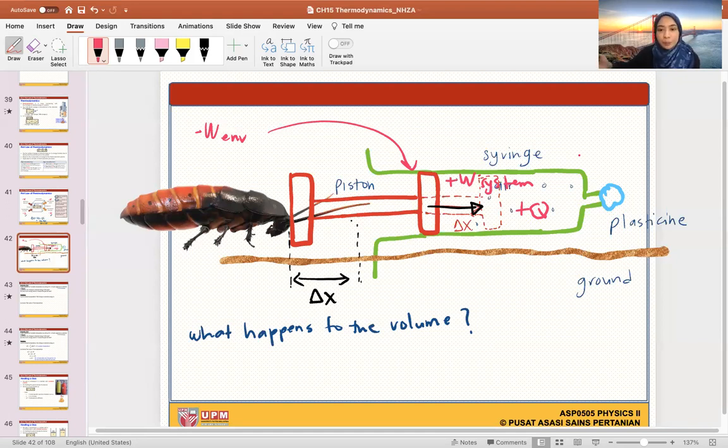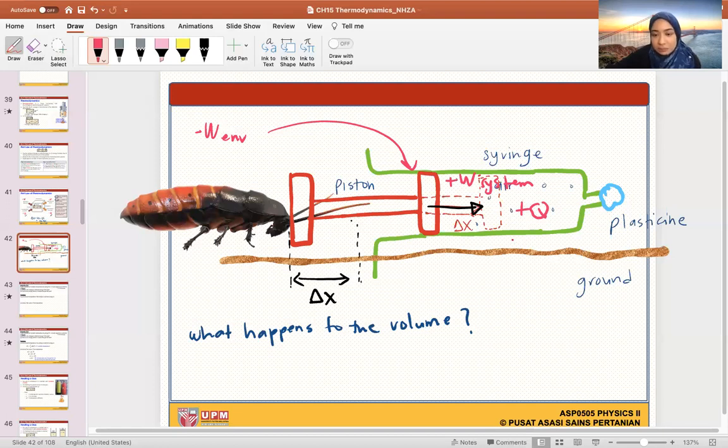So we know that positive W means the environment is doing work on the gas. What is doing work on the gas? So Abu had to walk by a distance X in order to push the piston by a distance X. So that was work. What happens to the gas system?